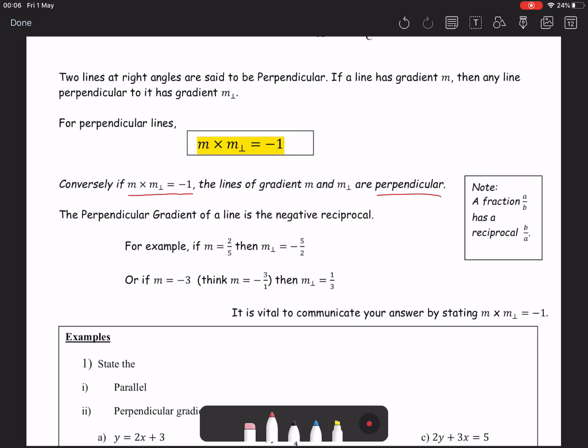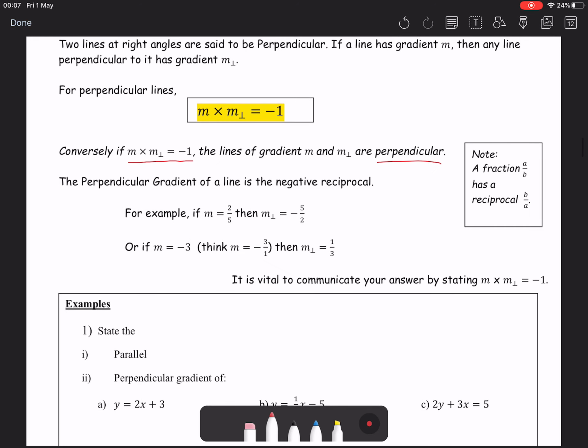Okay, what we'd be looking to do most of the time is to be able to work out a perpendicular gradient. Okay, the perpendicular gradient of a line is the negative of the reciprocal. If you've not met the word reciprocal before, a wee bit of detail on this right hand side. So if we had a fraction a over b, the reciprocal would be the two values inverted, so we would have b over a.